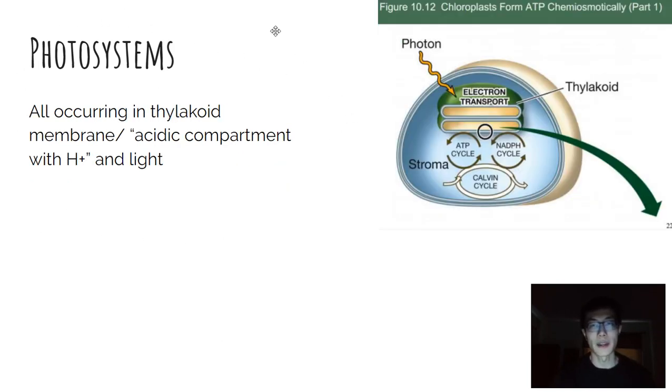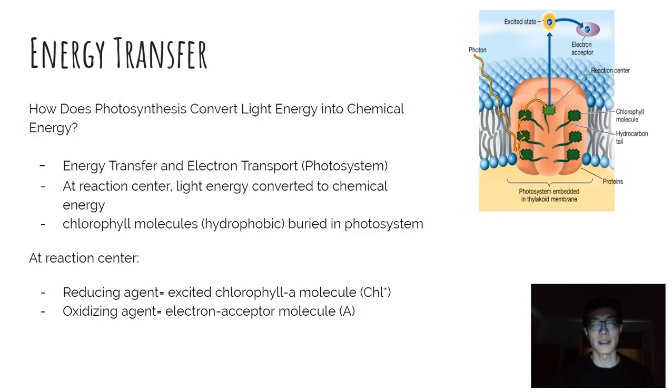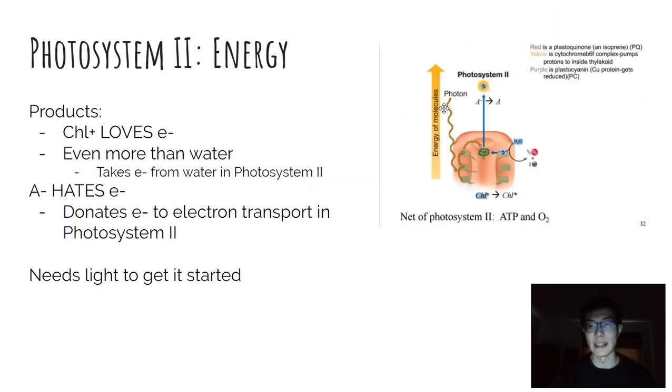Now, one thing that we should mention again is that all of this is occurring in the thylakoid membrane. But there's also another component to it, which is the acidic compartmentalization, and there are going to be hydrogen ions and light. In order for this energy transfer to occur at the very beginning, we actually need light. So we need that photon in order to get this whole process started.